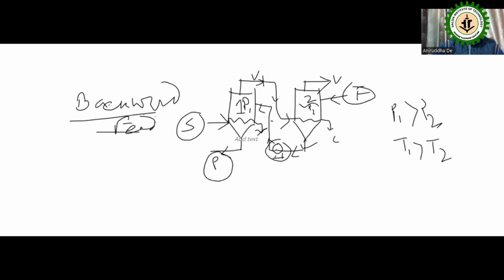Why is it double effect? Because two calandrias are used. So these are the two things.